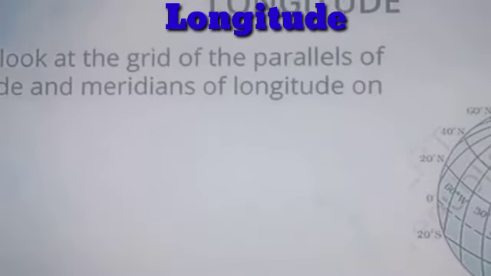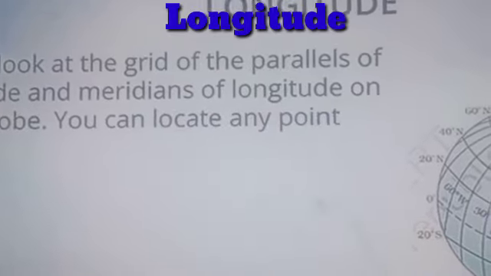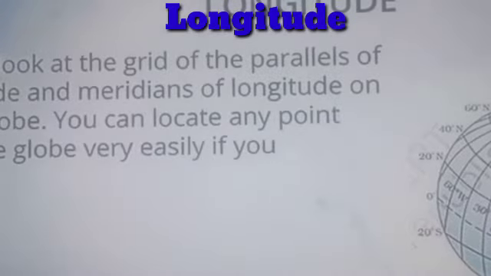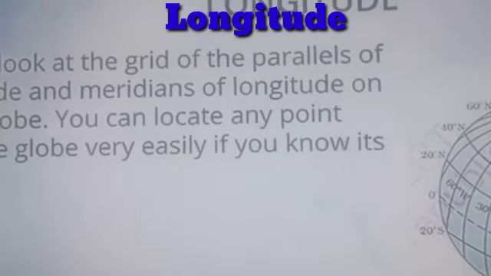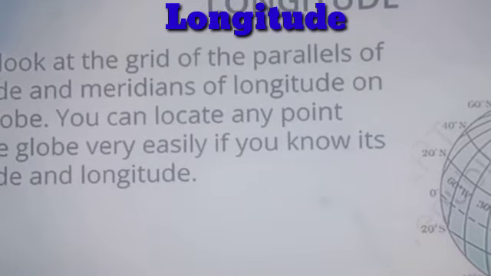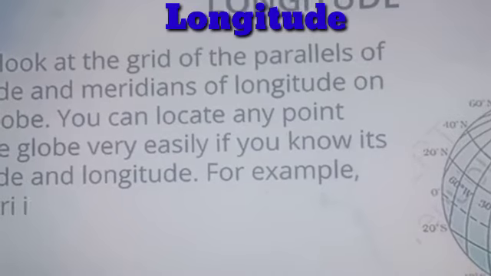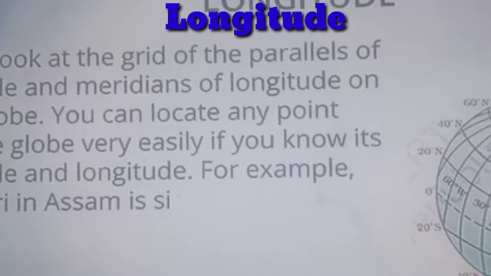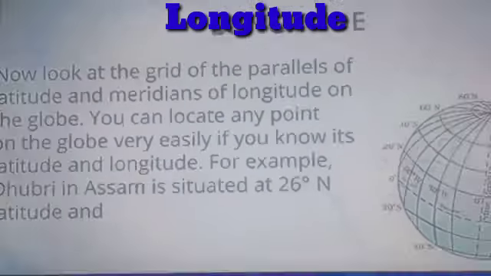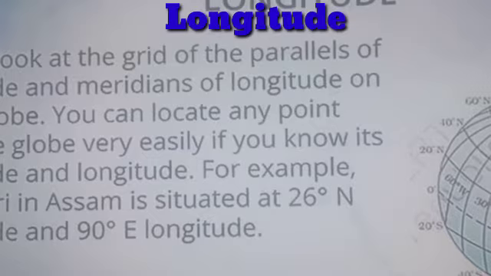You can locate any point on the globe very easily with the help of this grid if you know the latitude and longitude of a place. For example, Dhubri in Assam is situated at 26-degree north latitude and 90-degree east longitude.